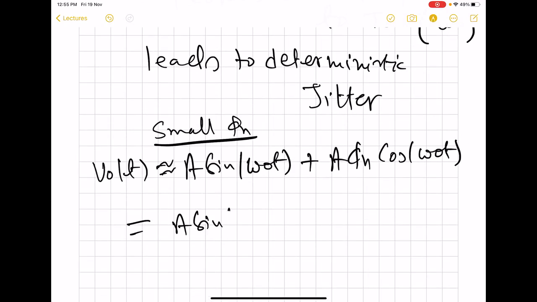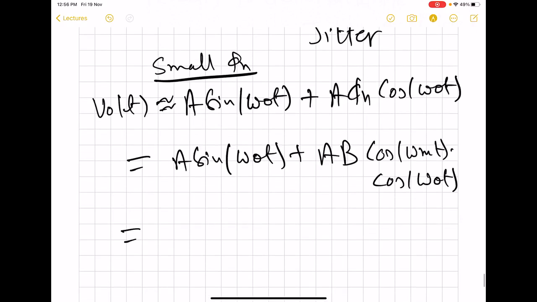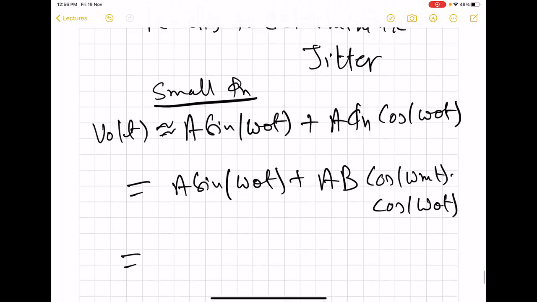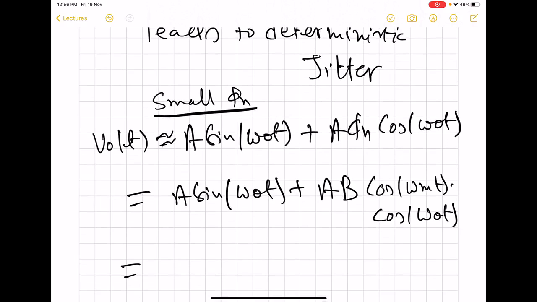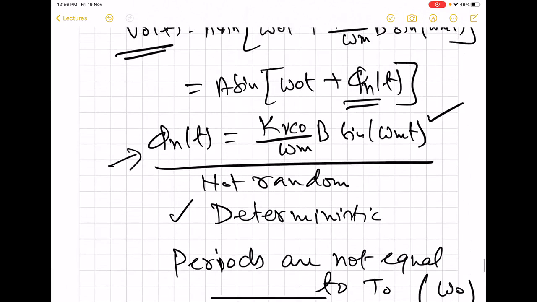So here we get this term, and now this is not B, but in fact there will be a constant here. So let us say C, where C is equal to this factor.